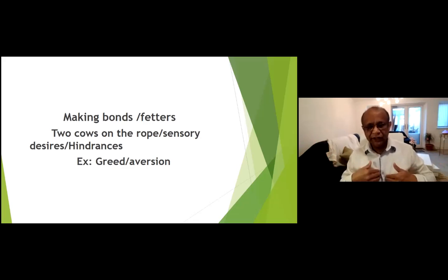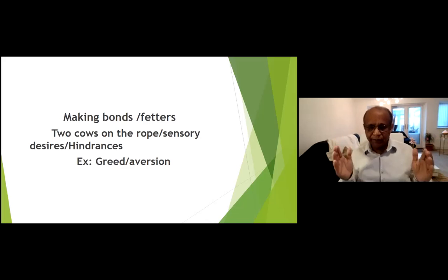Whenever we see from outside, we can see the white cow is trying to pull the black cow to her side, and the black cow is trying to pull the white cow to her side. But that's not the case. If you break the rope, they become independent. The white cow goes wherever she wants to go, and the black cow goes where she wants to go.